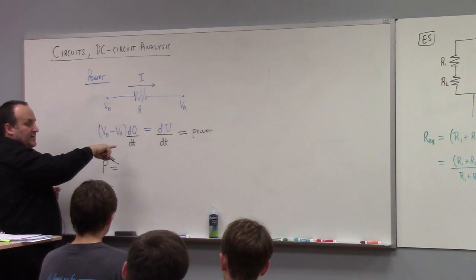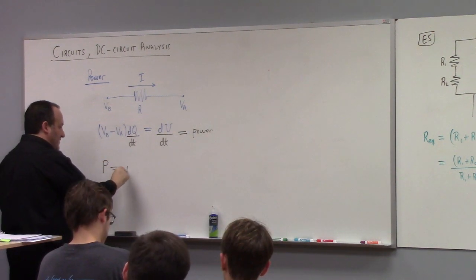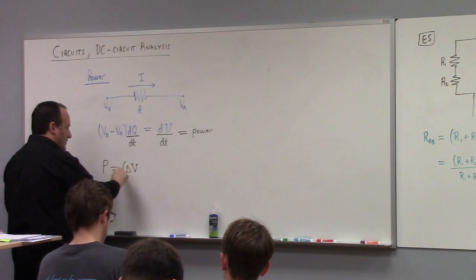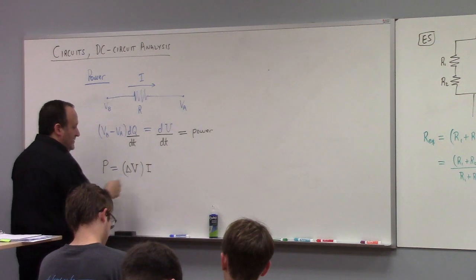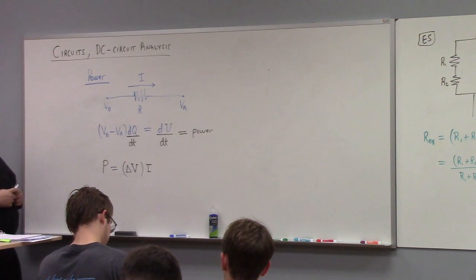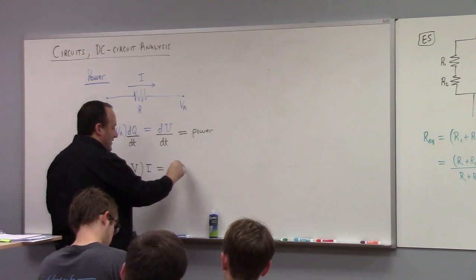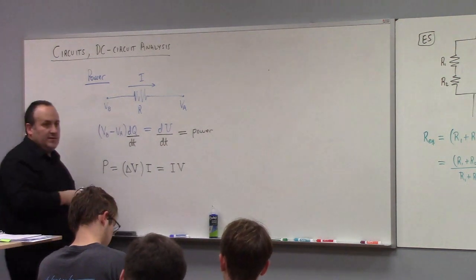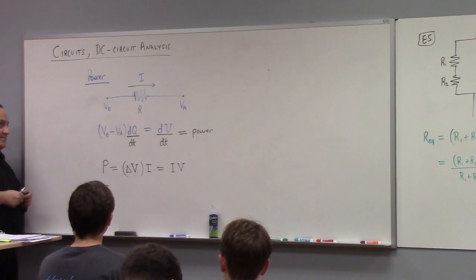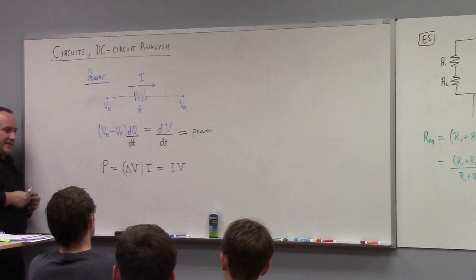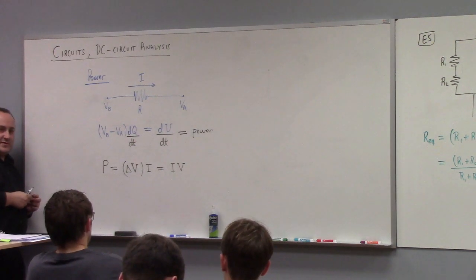Current, right? So we have the change in voltage times the current is equal to the power. Oftentimes we just like to write IV and let V be the voltage drop. So the power developed by a resistor is the current times the voltage.